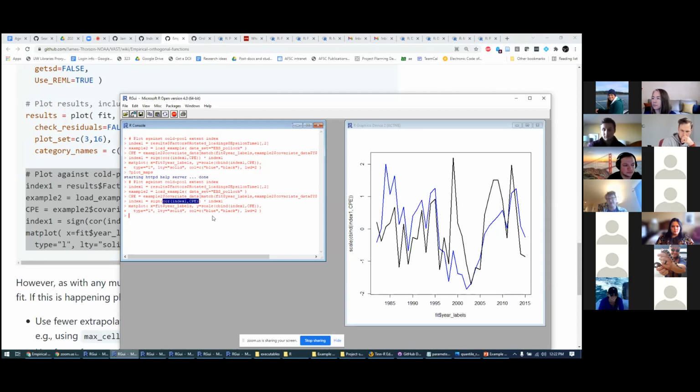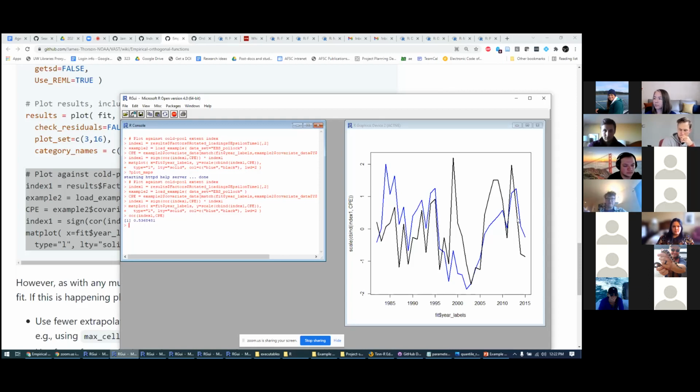The cold pool extent is correlated with that second mode of variability. The correlation is 0.53. So it's not an astoundingly strong correlation, but they both generally have a low value in the early 2000s and an elevated value since then.